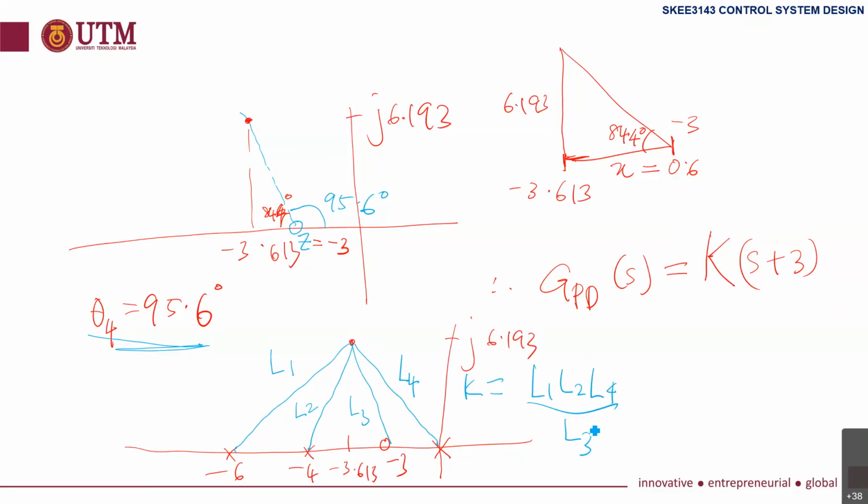Please also do this and you will get the result as 47.45. Therefore, the final transfer function for PD is 47.45(s plus 3).